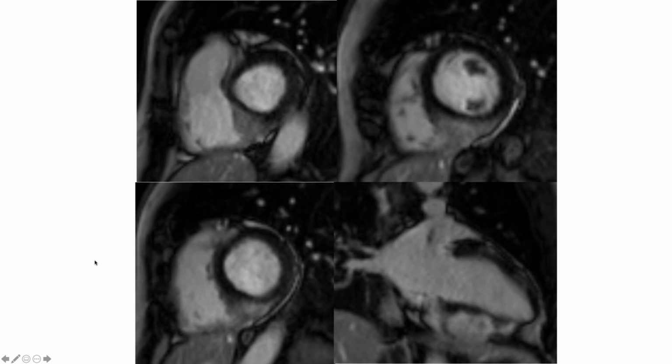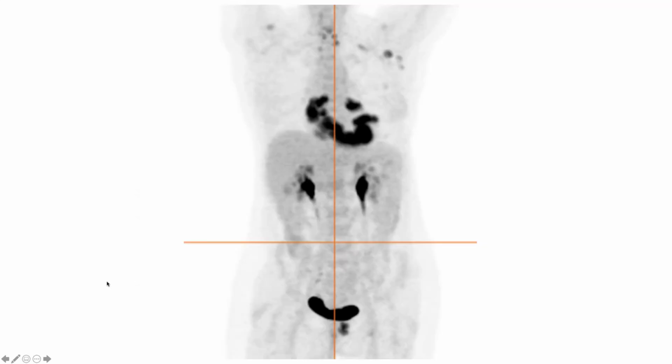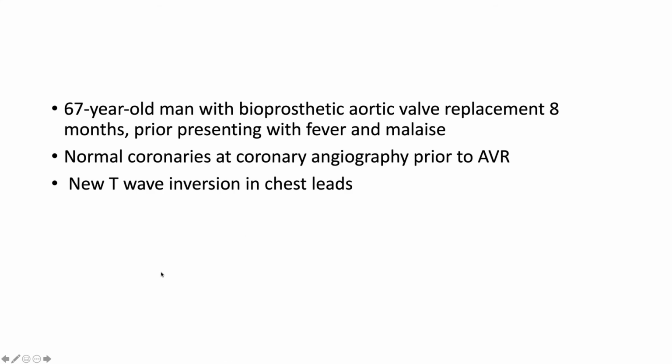Then she had a PET CT, which in the setting of malignancy could also be unhelpful, since lesions could mimic sarcoid. Here we see right and left atrial uptake.